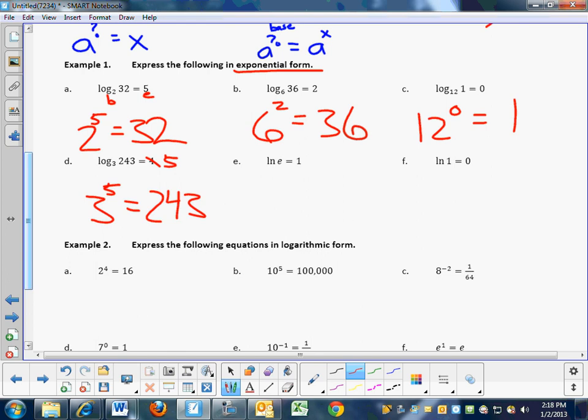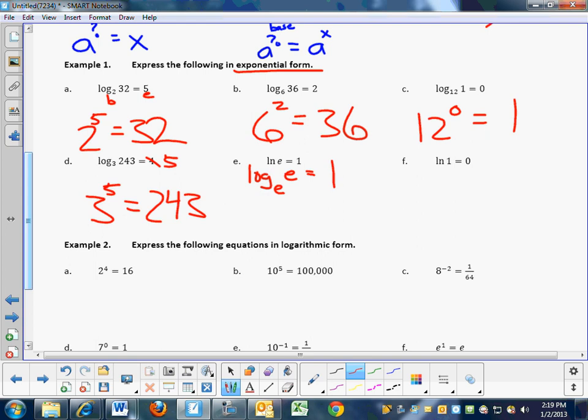Ooh, natural log. What's different about natural log? What is the base of a natural logarithm? The base of a natural log is e. So I could rewrite like that. Log base e of e is equal to 1.